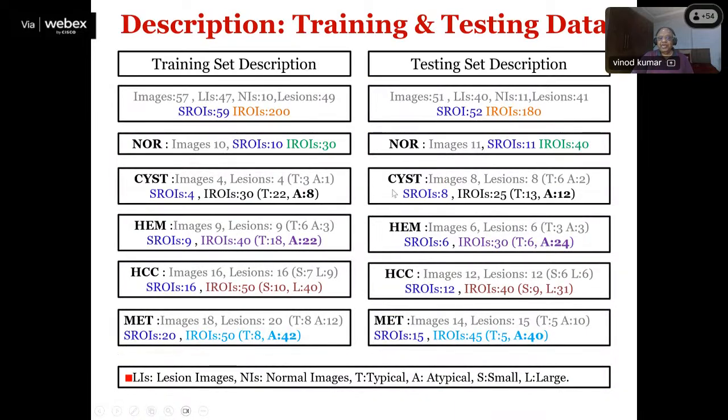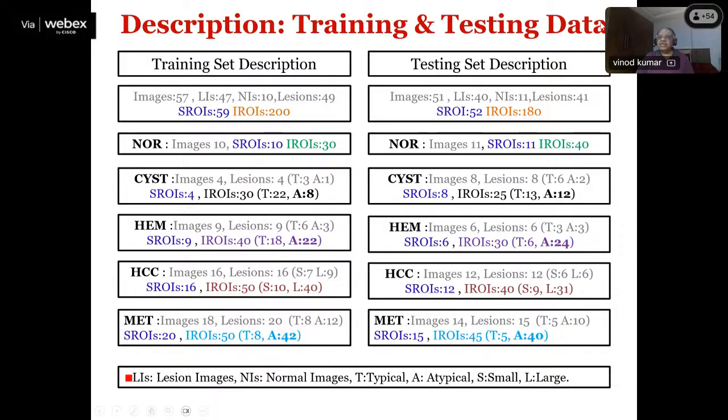Now we have modified our test data. For another PhD student, 57 images were taken. Out of 57, 47 were lesions with tumor and 10 were normal.